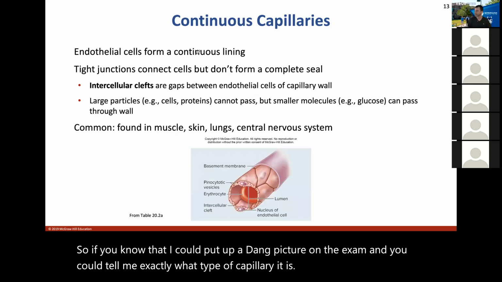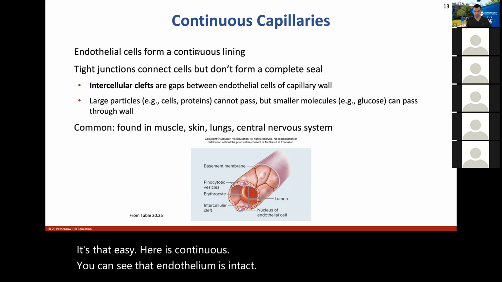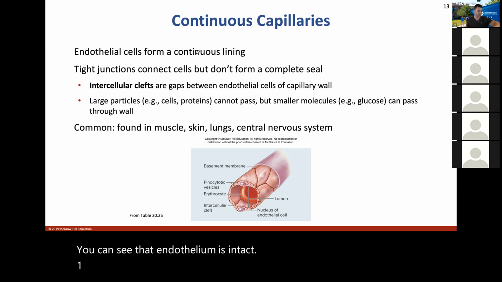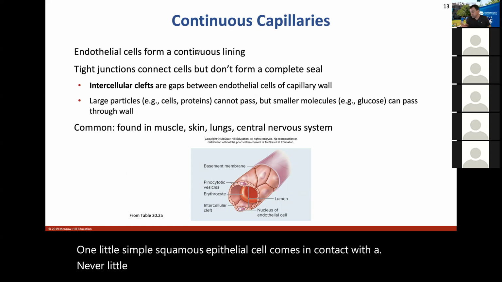It's that easy. Here is continuous. You can see that the endothelium is intact. One simple squamous epithelial cell comes in contact with another endothelial cell. That's it.